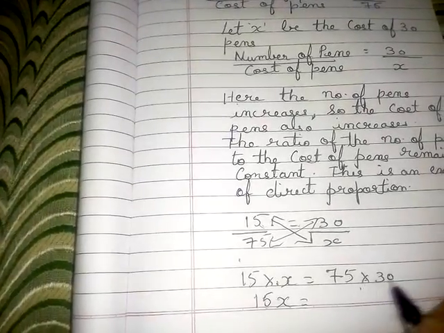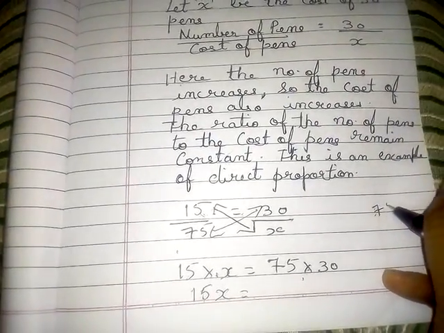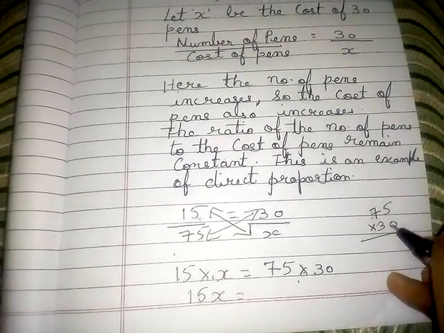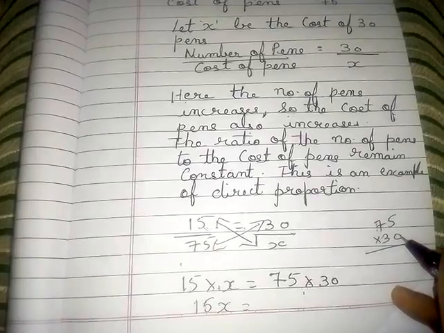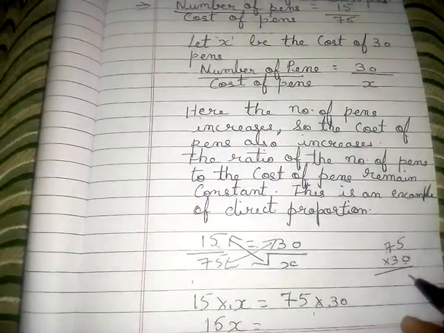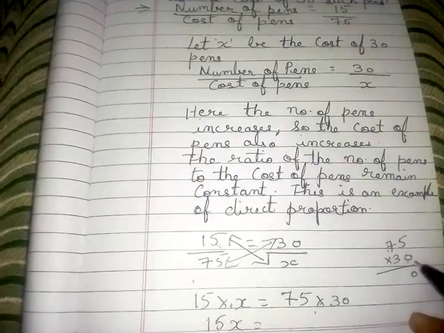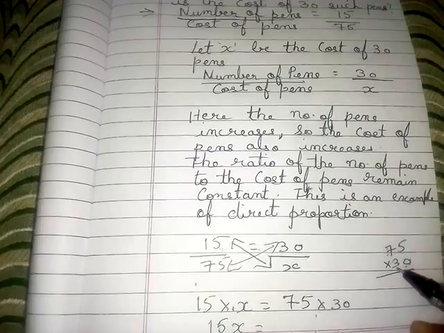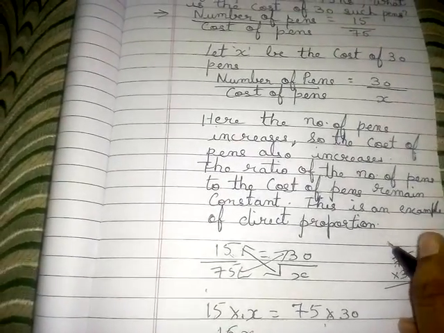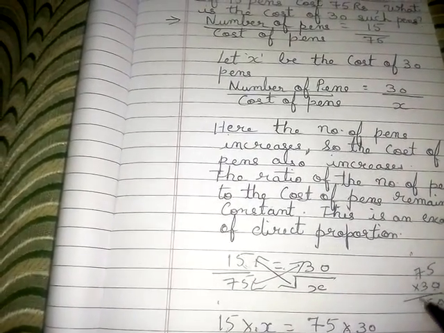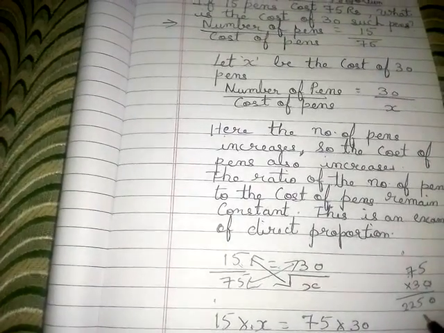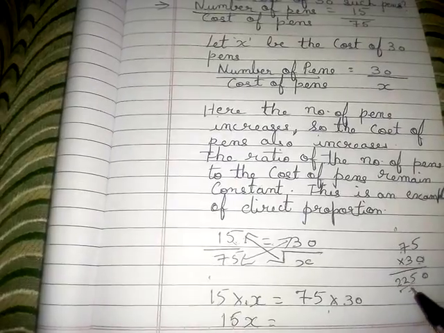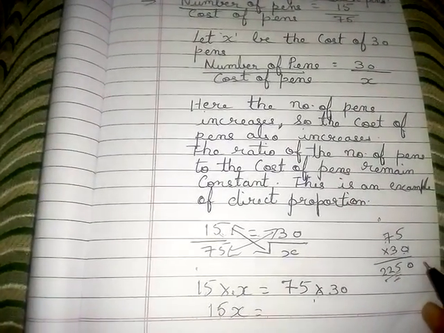So multiply 75 into 30. In 75 into 30, one 0 is there, so take the 0. So 75 into 3, the answer is 225, and with the zero, 2250. This is simple multiplication.